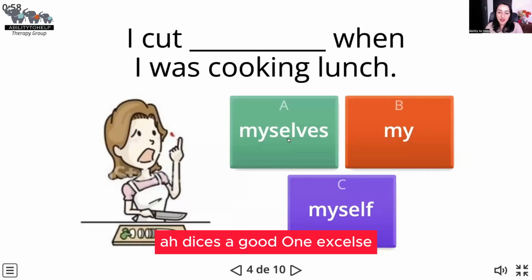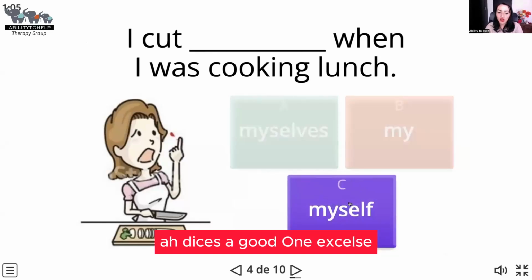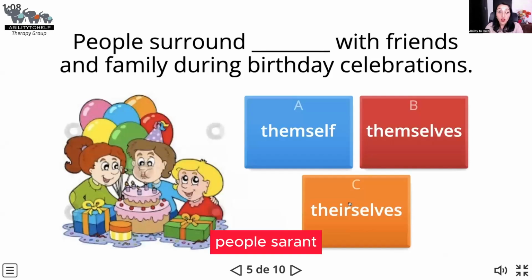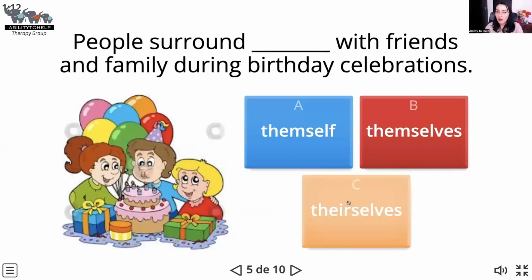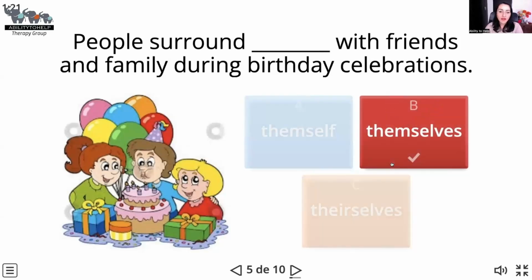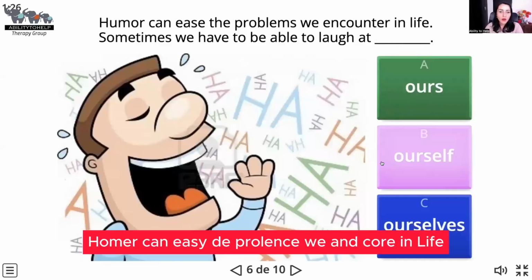I cut myself. Oh my goodness. I cut myself when I was cooking lunch. People surround people. I'm talking about many of them. So that's why it's themselves. Themselves. With friends and family during birthday celebrations. Humor can ease the problems we incur in life.